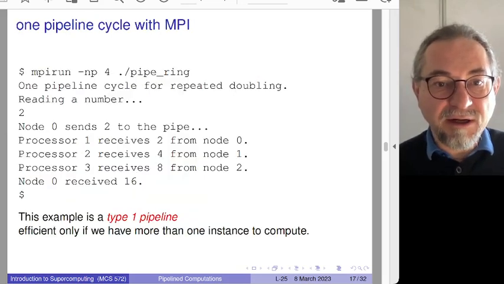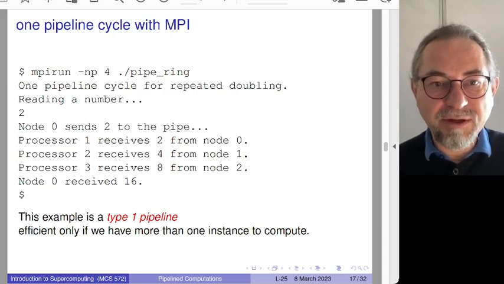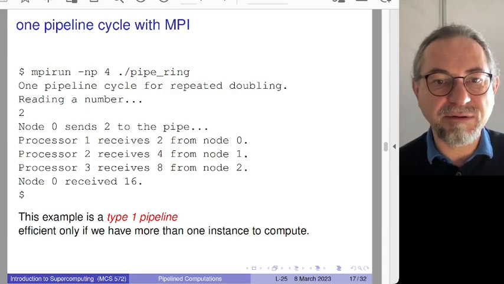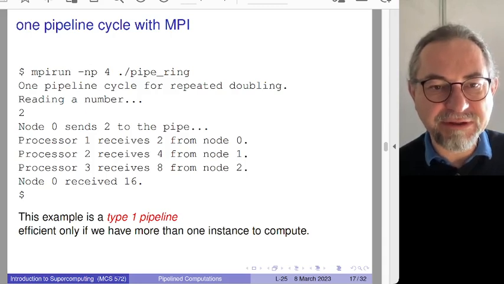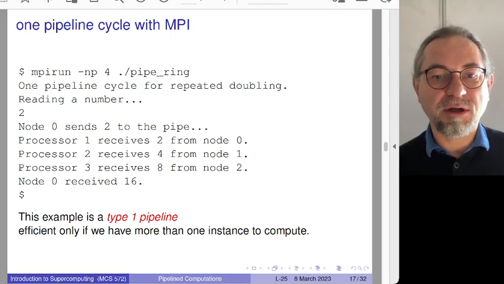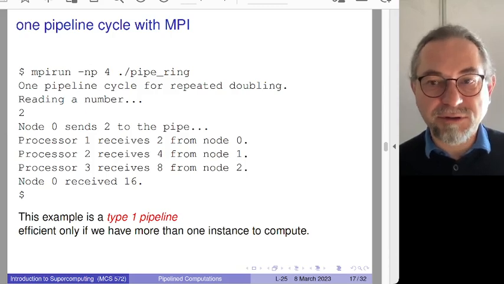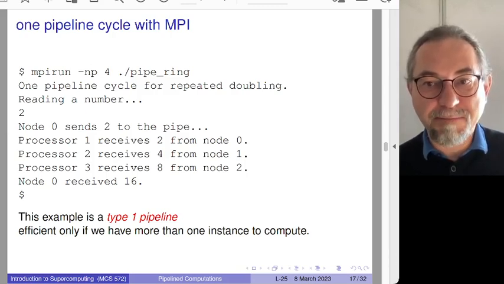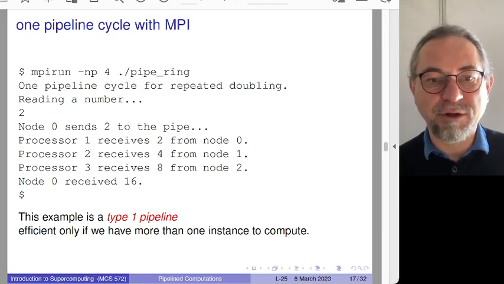The example with MPI, I will show the code. So here is how it is run with one instance, where every worker will double the number. The first processor receives 2, multiplies that number by 2 and sends the 4 to processor 2.